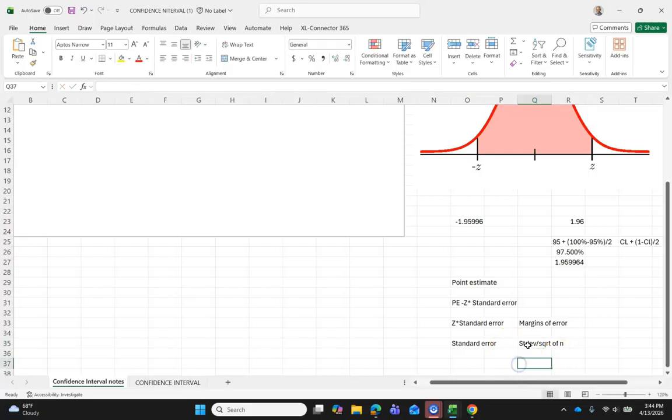And so we'll take the standard error times z, and that will give us the margin of error. Now here you can see we have z, which is 1.96, and here we also have minus 1.96. So we'll take the z value times the standard error, and we'll get a margin of error of plus and minus.